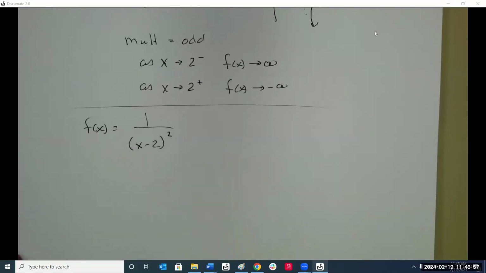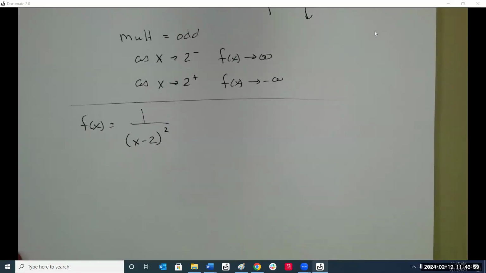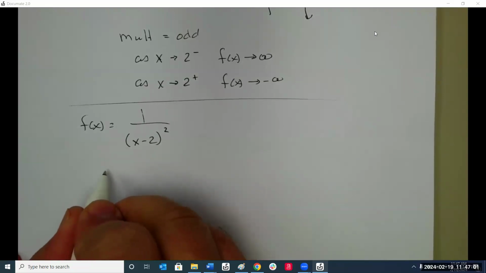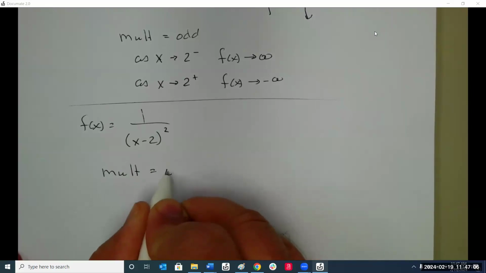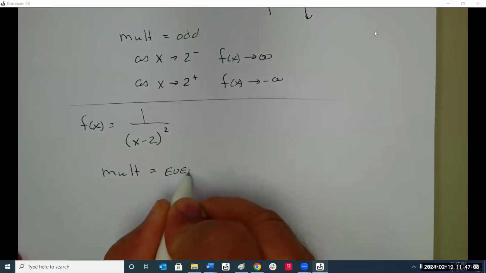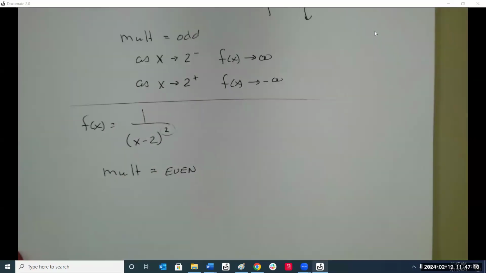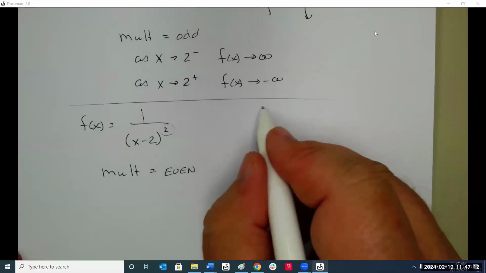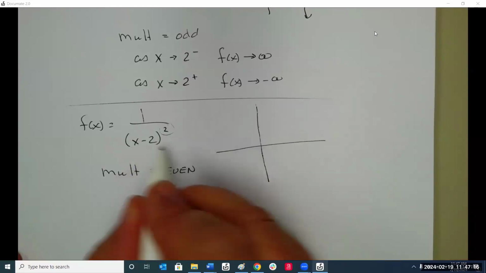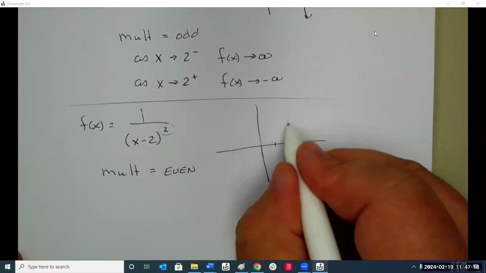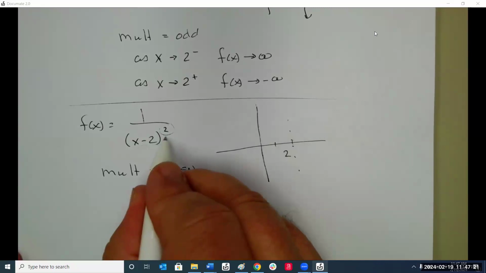Now we have an even multiplicity. Multiplicity is 2. It shifts to the right 2. And it's positive.